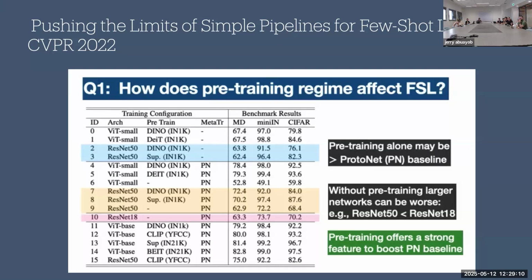Pre-training alone gives us comparable or better results than the classical prototypical networks, which is the blue box above. And combining pre-training and prototypical gives a huge boost for the performance. So it seems that yes, large networks do affect the few-shot learning pipeline.